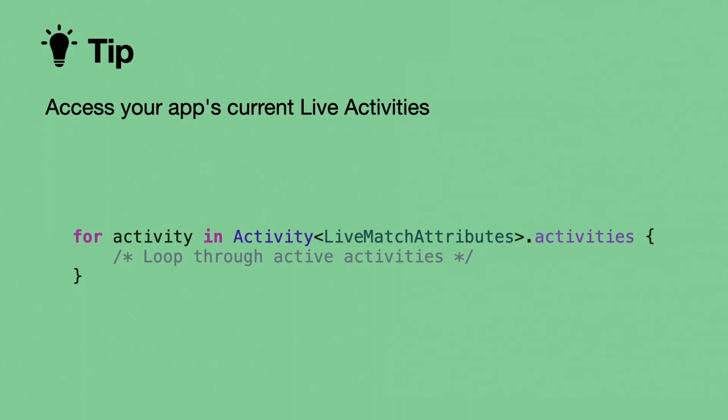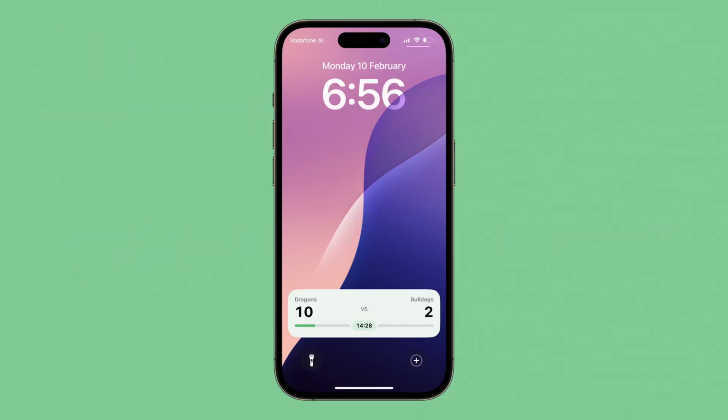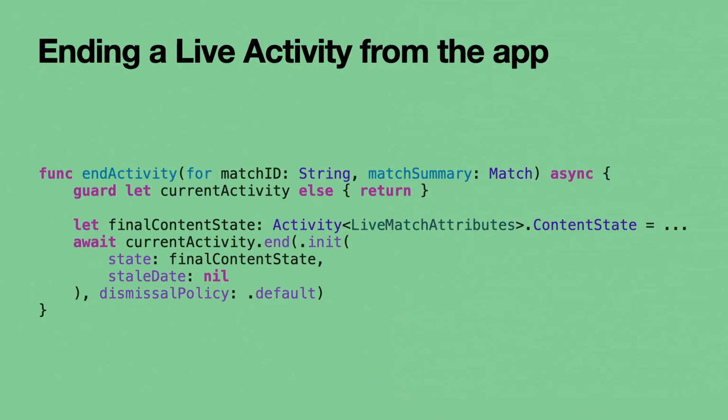And if you forget to do that, you can access any current live activities through this activities array that exists on any kind of activity type. And it's probably worth checking if there's any active live activities, say when your app launches, so that you can restore things if you need to inside of the app. And so with our latest content update, you'll see that the UI has been redrawn and it shows our latest data. All going well so far.